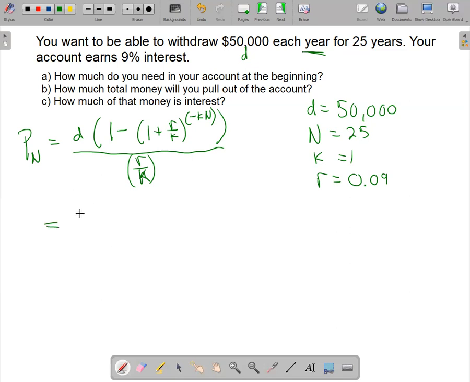All right, so plugging in, I'm going to have 50,000 times 1 minus 1 plus, parentheses are necessary, 9% as a decimal over 12 to the power negative 12 times 25. Oh, I lied. It's not 12, it's yearly.